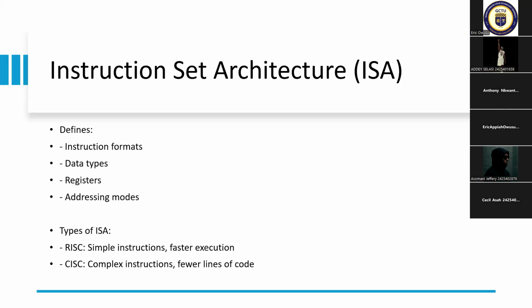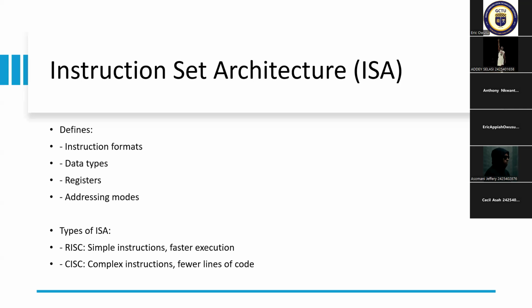Now we have two main types of the ISA, which are the reduced instruction set computer and the complex instruction set computer. The reduced instruction set computer has some advantages over the complex instruction set computer because it's simpler and has faster execution, which usually means less power consumption, unlike the complex instruction set computer, which is more complex and requires more power, although it can do work in a few lines of code.